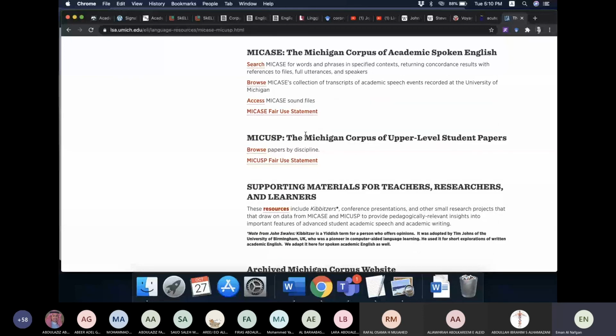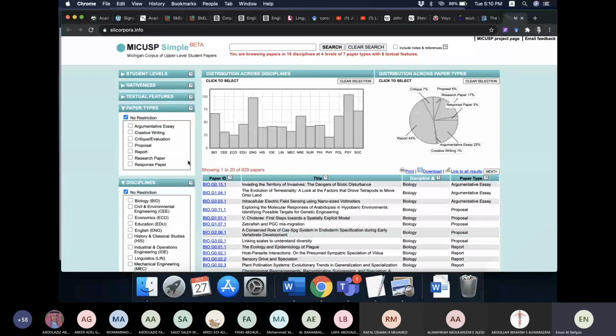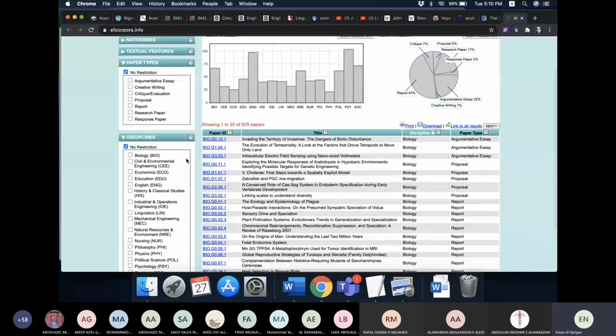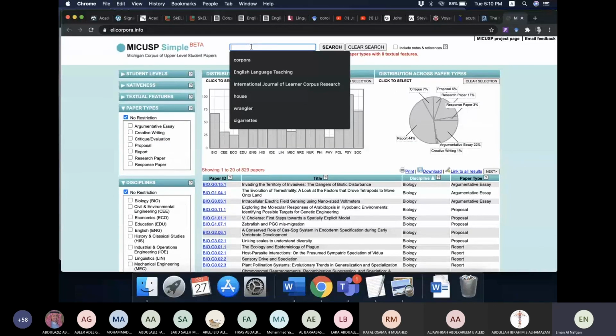The upper level student papers are from students who got high grades, and these are their essays, but I just want to point out that they are picked up by plagiarism software. So you can look at these words, you can pick a word, type it in, look at it, and see where it occurs in the corpus, and what type of papers there are.